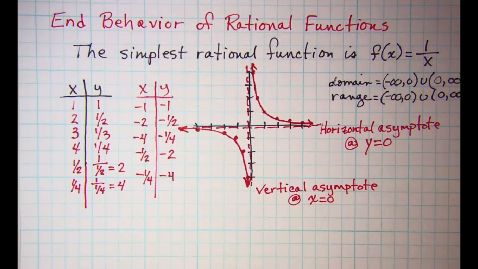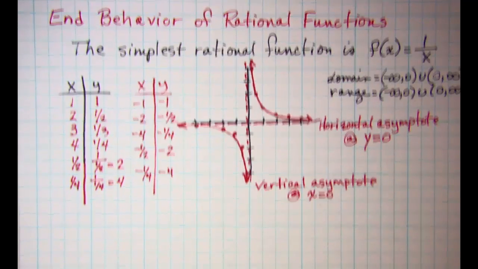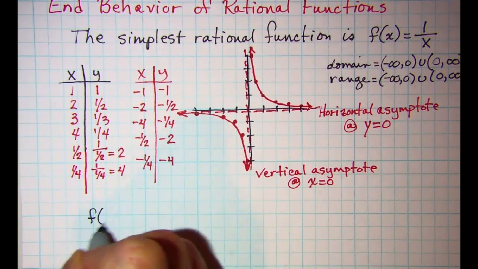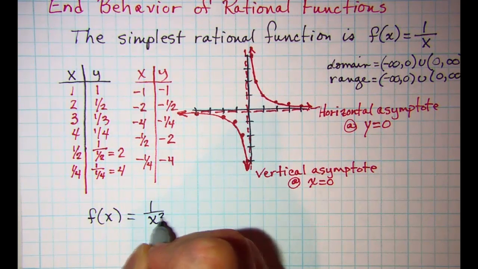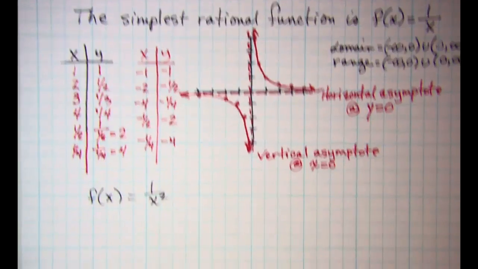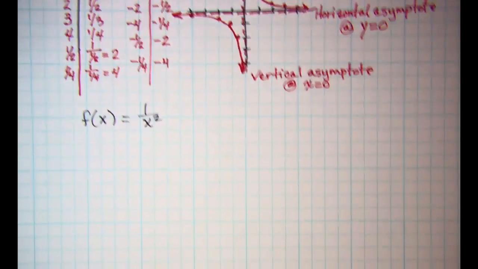Another basic rational function is f of x equals 1 over x squared. Let's take a look at what that looks like.